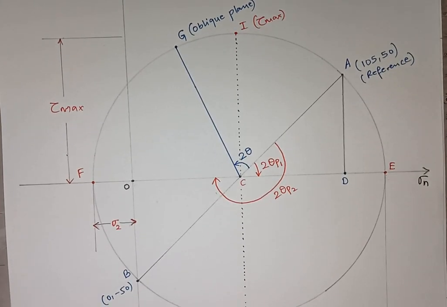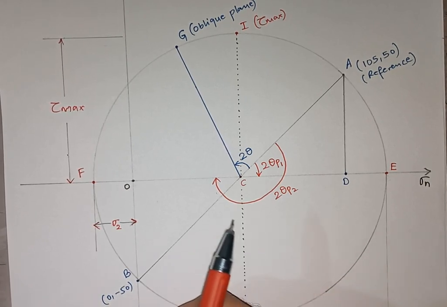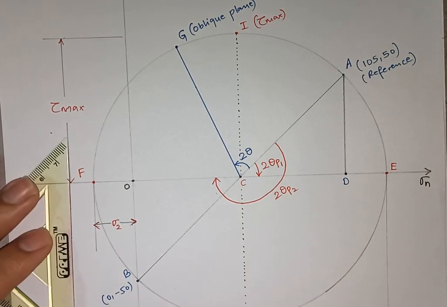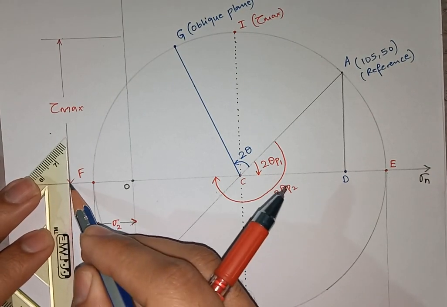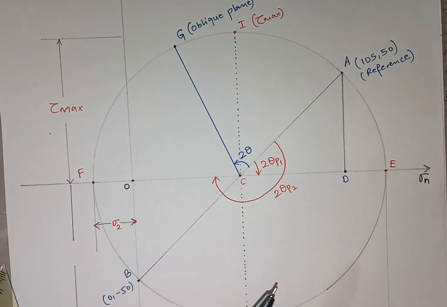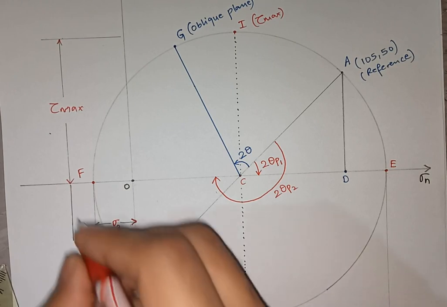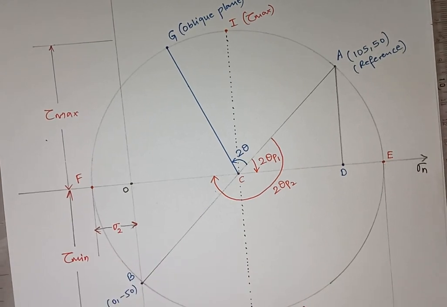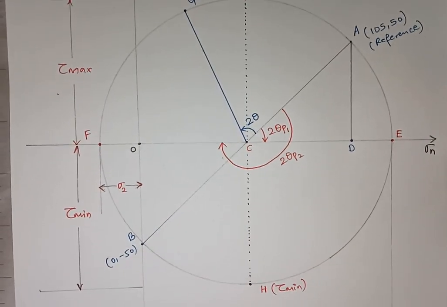On the other side the value will be the same. On this side, once again you just take a perpendicular from this point and you mark it. So this distance is tau minimum, right?